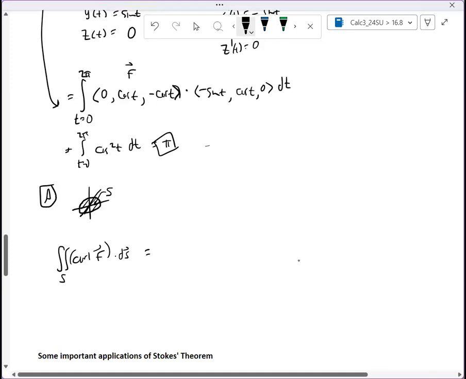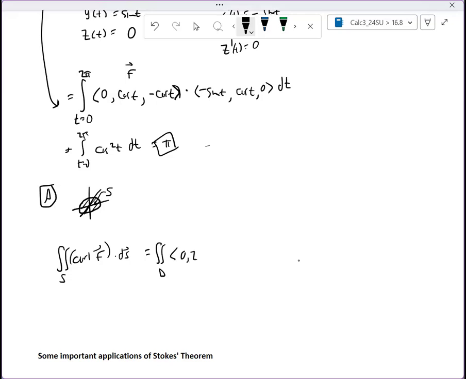Okay, so what do I have here? Well, this is the double integral over our domain D, this flat surface, of the curl of f, 0, 2, 1, dotted with, well, what's my unit normal to the surface, that's just k, that's just 0, 0, 1, dA.